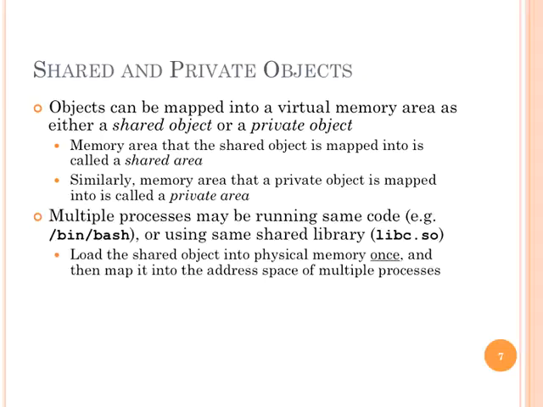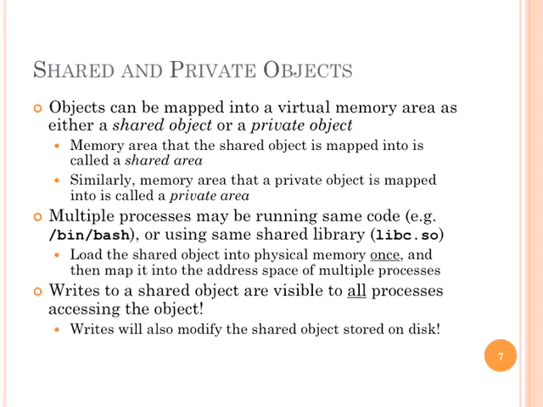A simple example of this is libc. I've been kind of mentioning this all term, that everybody seems to use libc. It's possible that you don't have to, but most people do. So what you want to do is load that into memory once, and then map it into the address spaces of multiple processes.